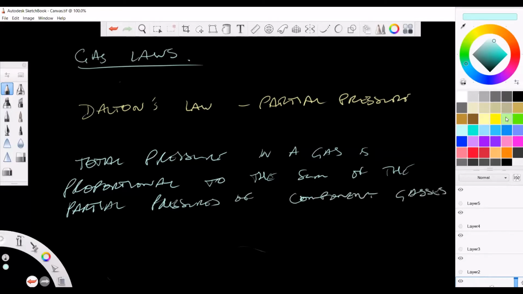Now, the only time we really talk about partial pressures is in MET, and this is when we might talk about partial pressure, particularly of water vapor.